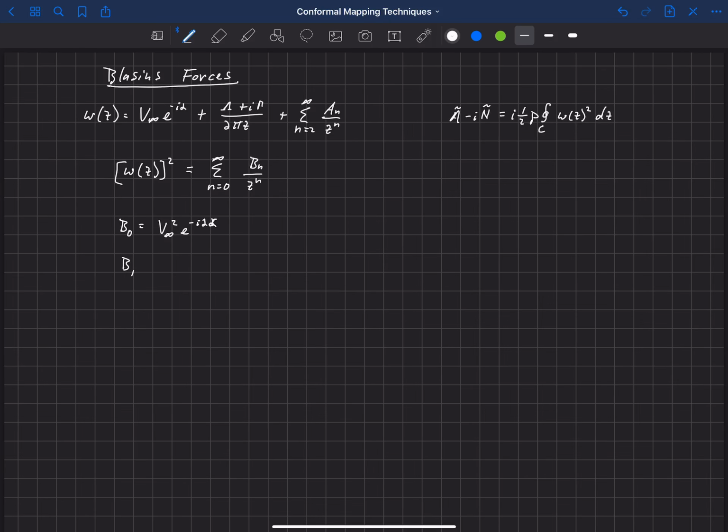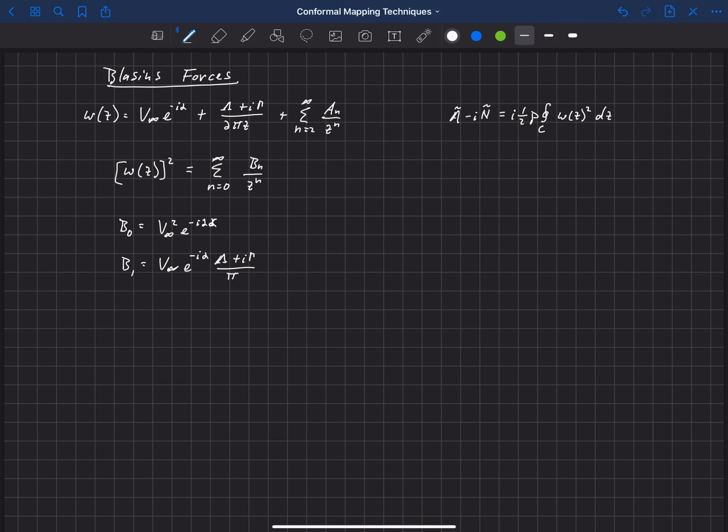Then b1 is equal to V infinity e to the minus i alpha times lambda plus i gamma over pi.